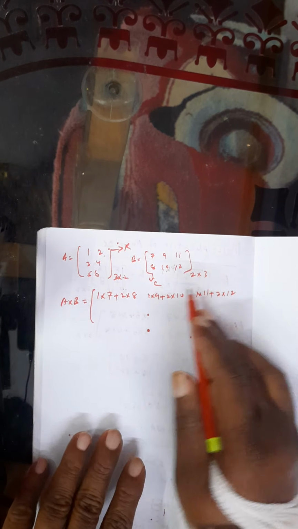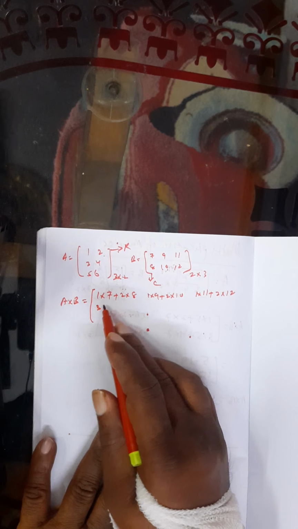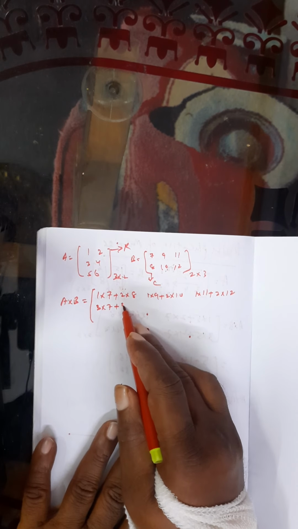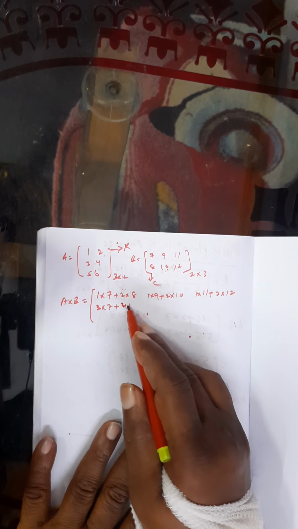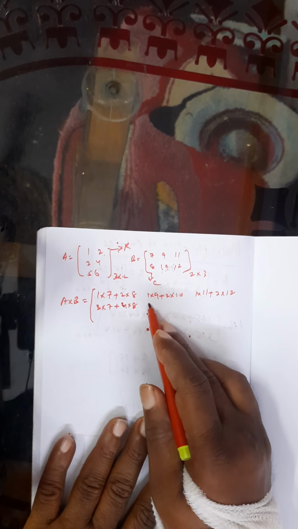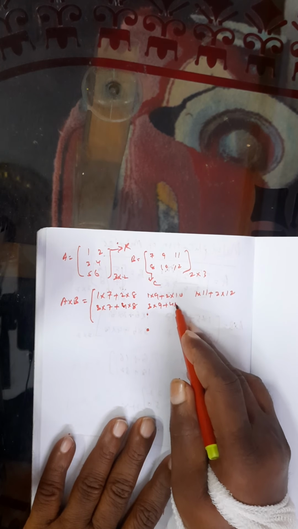All different numbers I have taken, so you can easily understand what is going on. Now the second row: 3 multiplies with 7 and 4 multiplies with 8, and again 3 multiplies with 9 and 4 with 10.